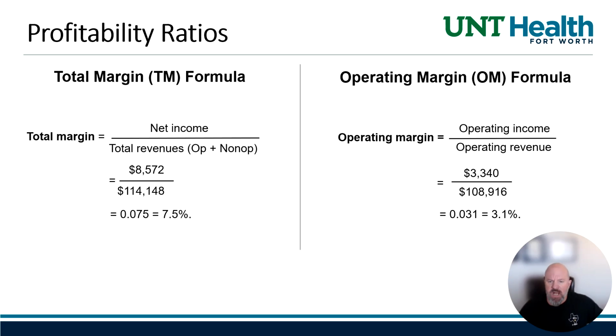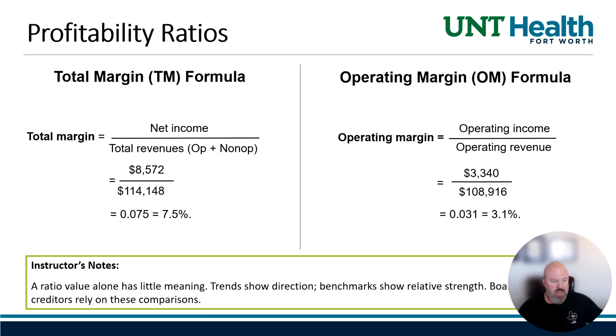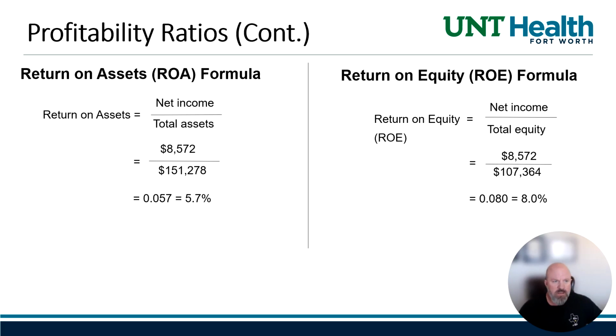So this is not non-operating revenue or non-operating income. This is just operating, okay? Make sure that you're making that distinction. And here in the example, the math turns out to be a 3.1% margin, which in healthcare is actually pretty decent. Very, very common. Again, that ratio value alone has little meaning, okay?